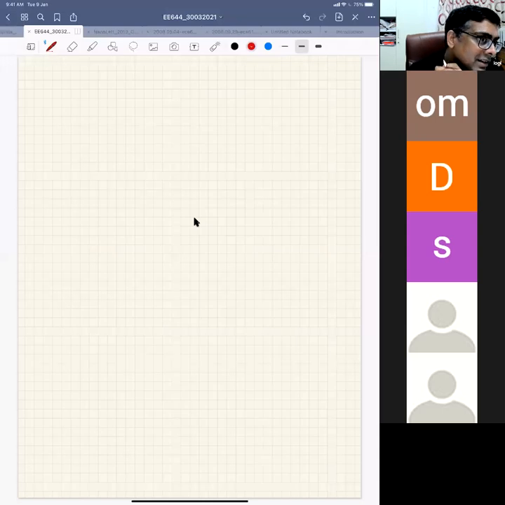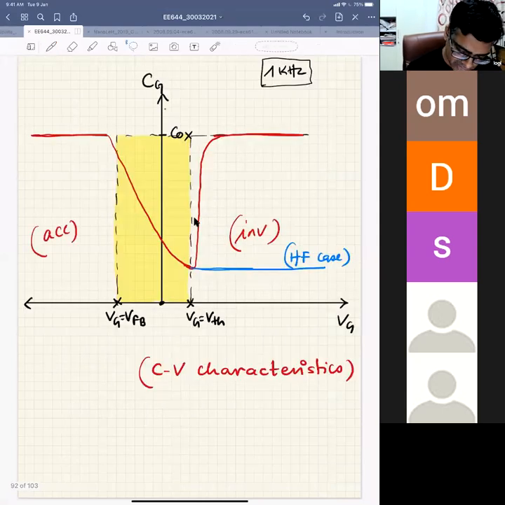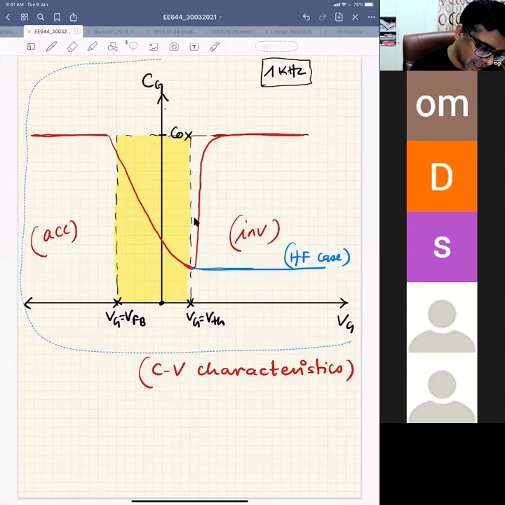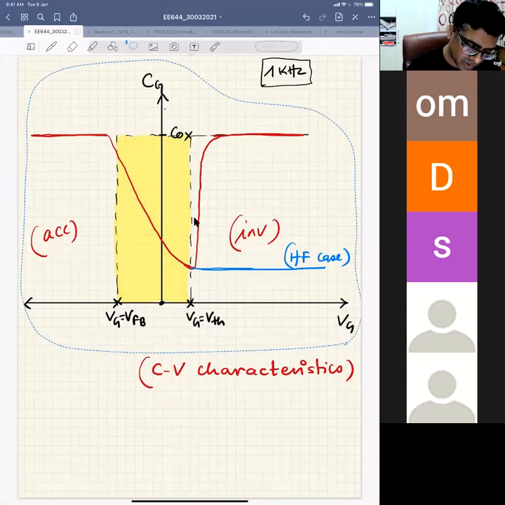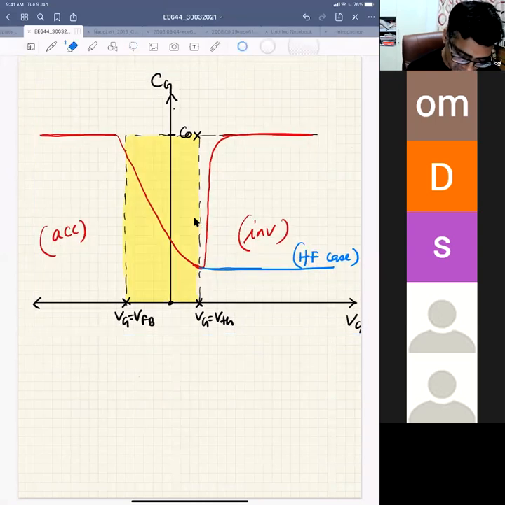Our oxide also has charges in it. Oh yeah, that's a very good question. So what will change with oxide charges is not the Cox. What will change is your threshold voltage. So you will have a shift in the CV characteristic. Let me remove this high frequency case.